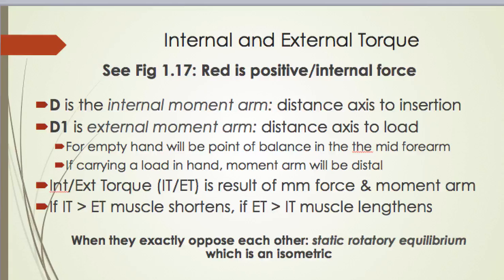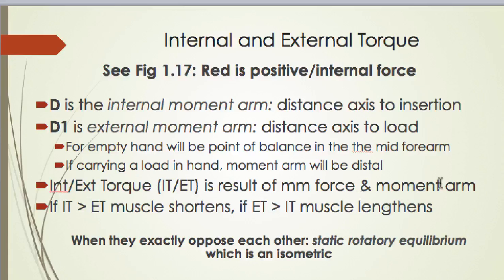So when we have internal torque, IT, it is a result of muscular force and the internal moment arm, and external torque is also based on, instead of muscle force, gravity or an external load with its moment arm, right?